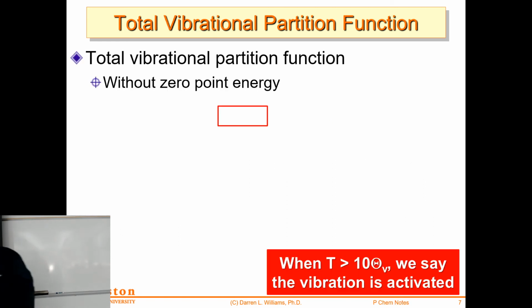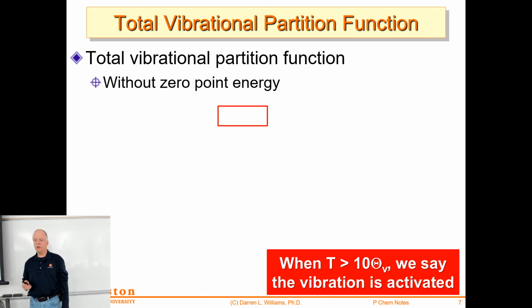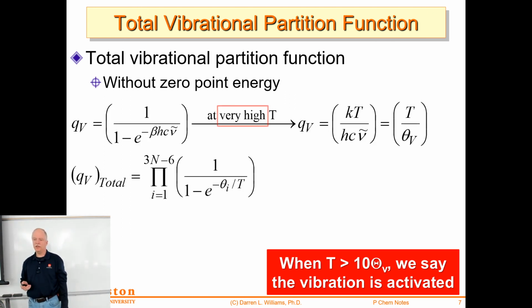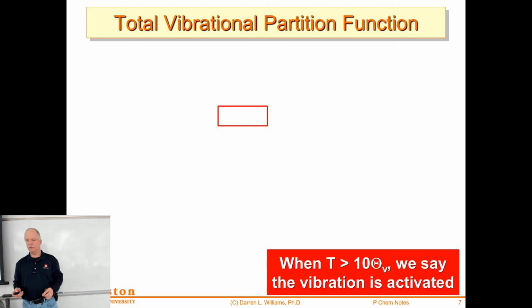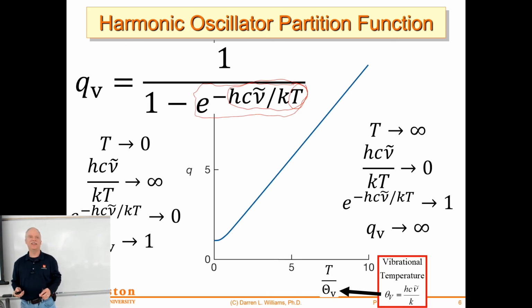And so this, again, the total vibrational partition function without zero-point energy is shown there. That's the one we've been working with. But at very high temperatures, notice it does look very linear in temperature. Look at the behavior on the plot, right?